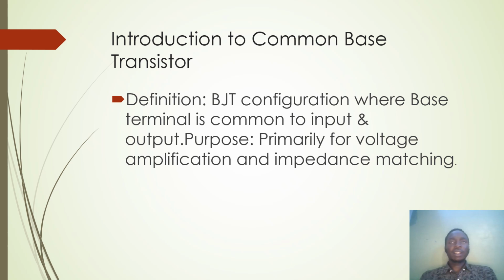As you can see, the input is connected between the emitter and the base, and the output is taken from the base and the collector. That's the reason why the connection is known as the common base connection.